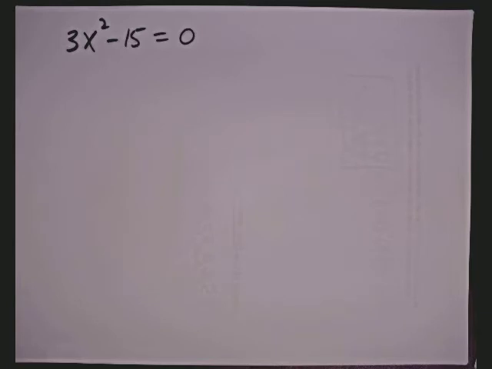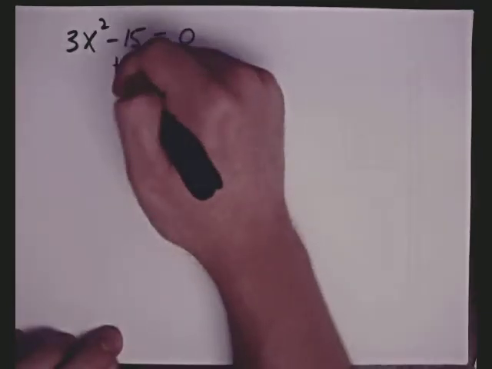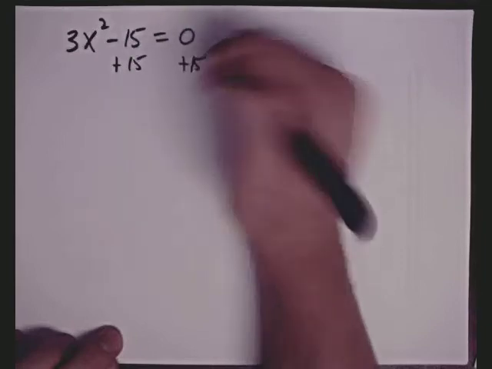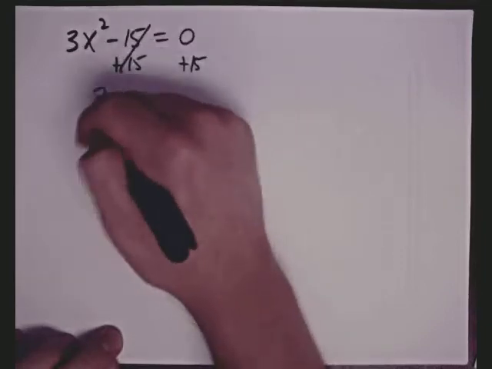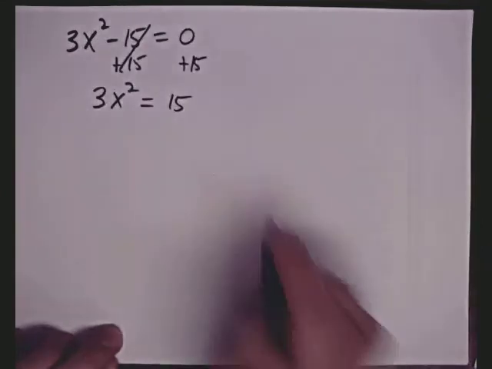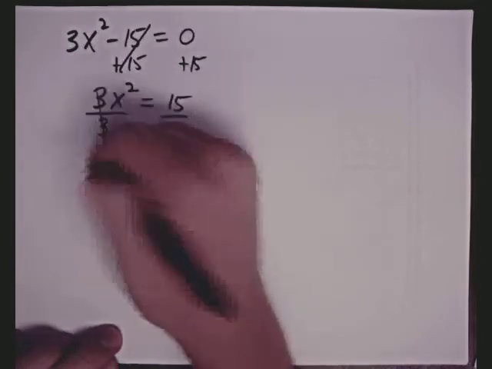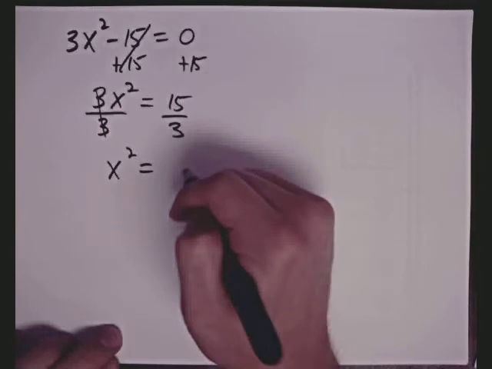To use the square root property, you want to get x squared alone first. So add 15 to both sides, canceling, leaving 3x squared equals 15. Then get x squared alone by dividing by 3, and we get x squared equals 15 divided by 3, which is 5.